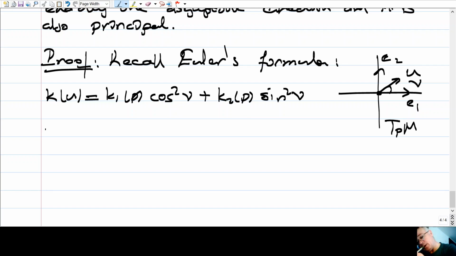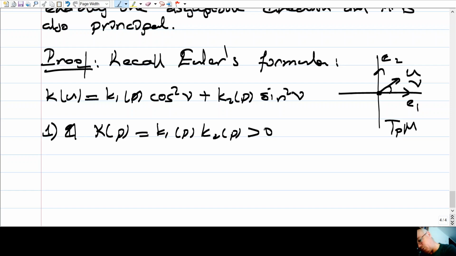Now, if the Gaussian curvature is positive, well, the Gaussian curvature is just k1 times k2. So if this is positive, then of course k1 and k2 have the same sign.